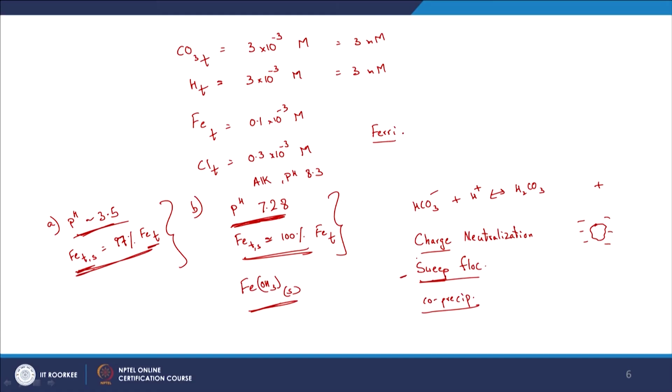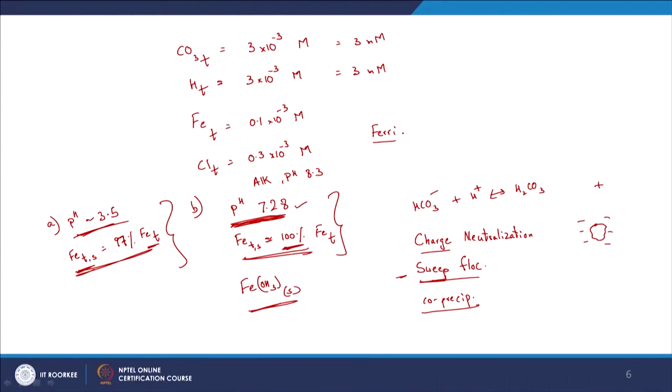Why is that? Because let us say if you keep adding OH minus, sweep floc won't be affected, because even at 7.2 pH we had 100% precipitation of the iron. So there should not be any further change in sweep floc even if you increase the pH. But what happens if you keep increasing the pH from 7.2?